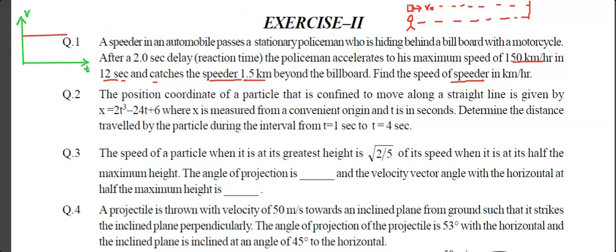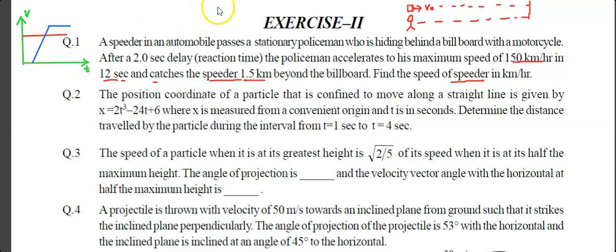And let's say now we plot the graph of v versus t for this policeman. The policeman is starting not from 0 but later on, and he accelerates, then attains some velocity, and then maintains that velocity. This is how it's moving, right?